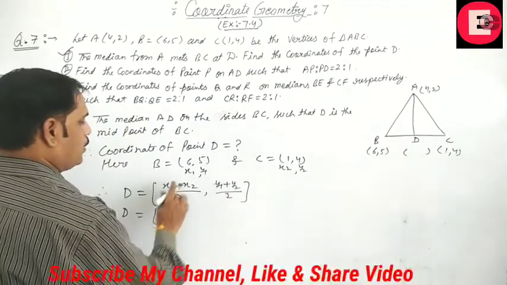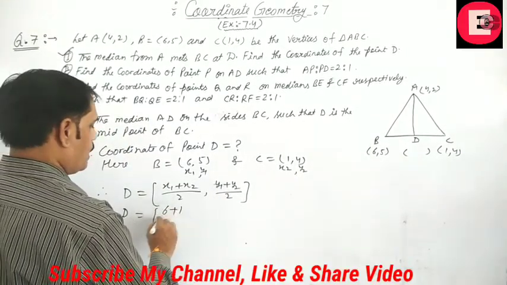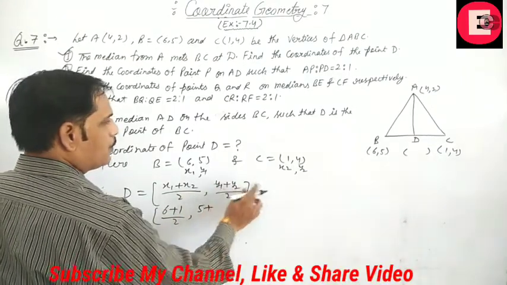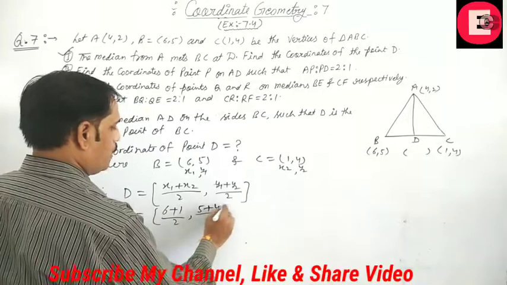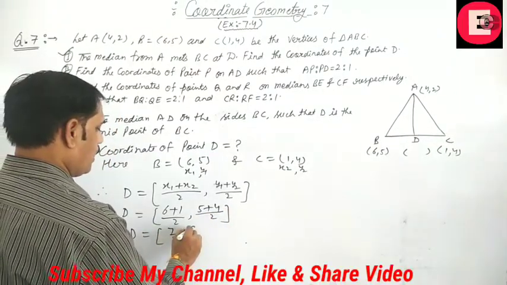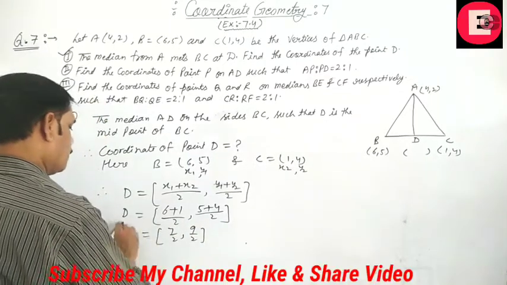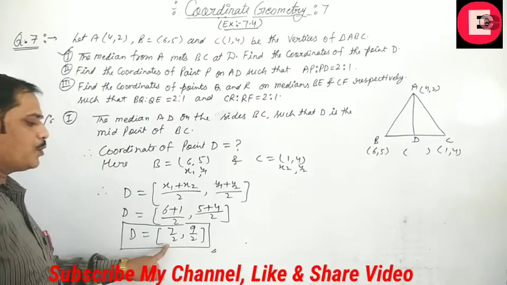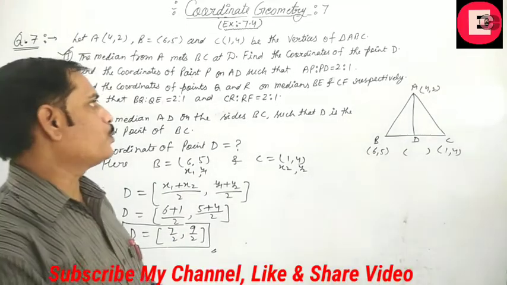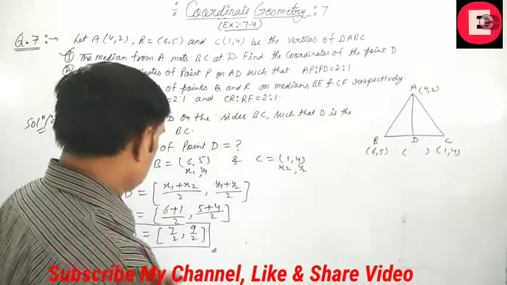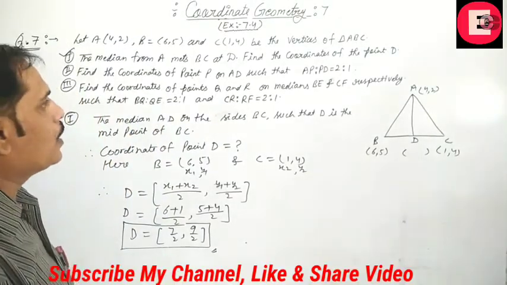Now putting the values: (6 plus 1) upon 2 and (5 plus 4) upon 2. Therefore D is equal to (7 upon 2, 9 upon 2). So the coordinate of the point D will be (7/2, 9/2). The first part of the question has been completed.